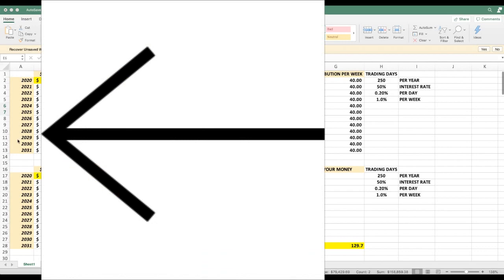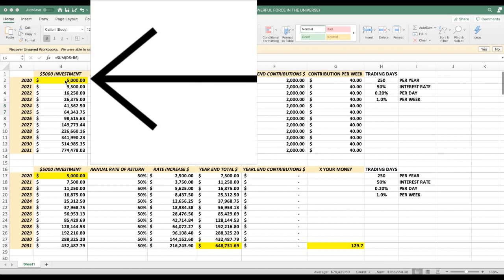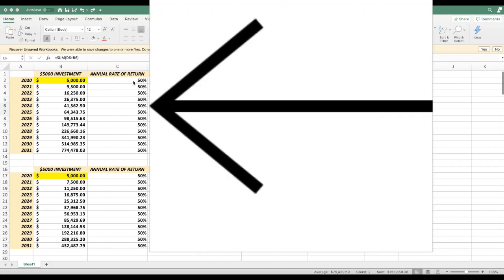I have the years on the left, column A. Column B is the initial investment. Let's say you put an initial investment of $5,000 this year. You're new to investing, you put $5,000 into the market, and now you have an annual rate of return. Now 50% is high, but I'm going to show you a bunch of different rates of return. You'll put your actual rates of return every year in that column as you go.